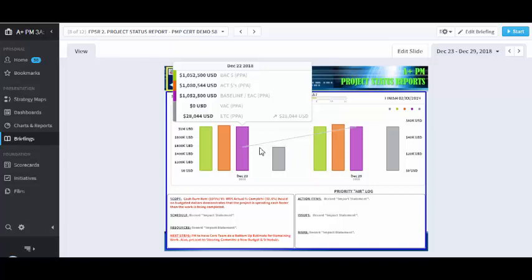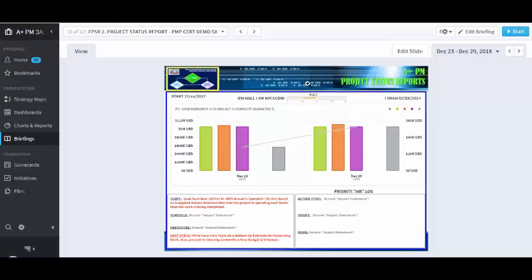The variance at completion shows 0, so they have not done any change requests. The period of December 22nd, it was overrunning by approximately $28,044, and that's the delta between the $1,052,000 and the $1,080,000.